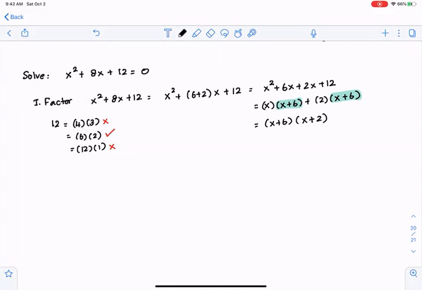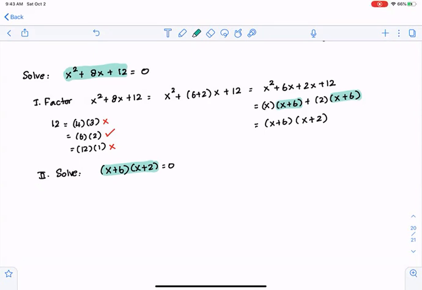Now the second step is to solve. x plus 6 times x plus 2 equals 0, because I just factored that and I wrote it this way. So they are equivalent expressions.